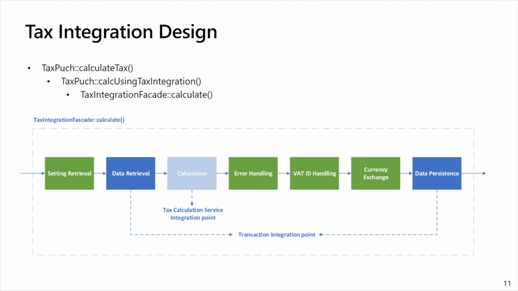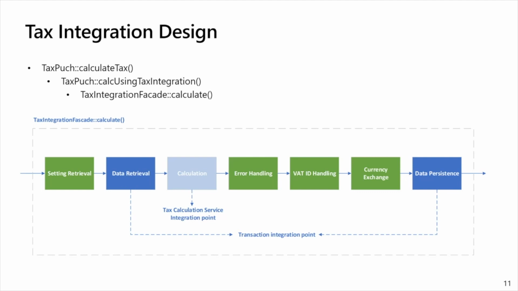By default, it is using the embedded tax engine, but now we will integrate the tax service with tax purge calc using tax integration. This method calls the tax service. And inside this method, the tax integration facade calculate will be called as the entry point.